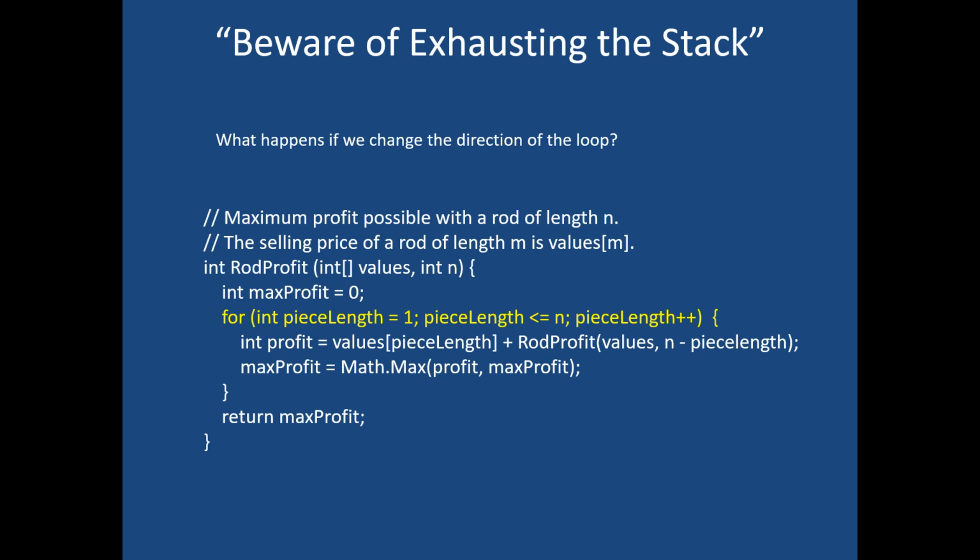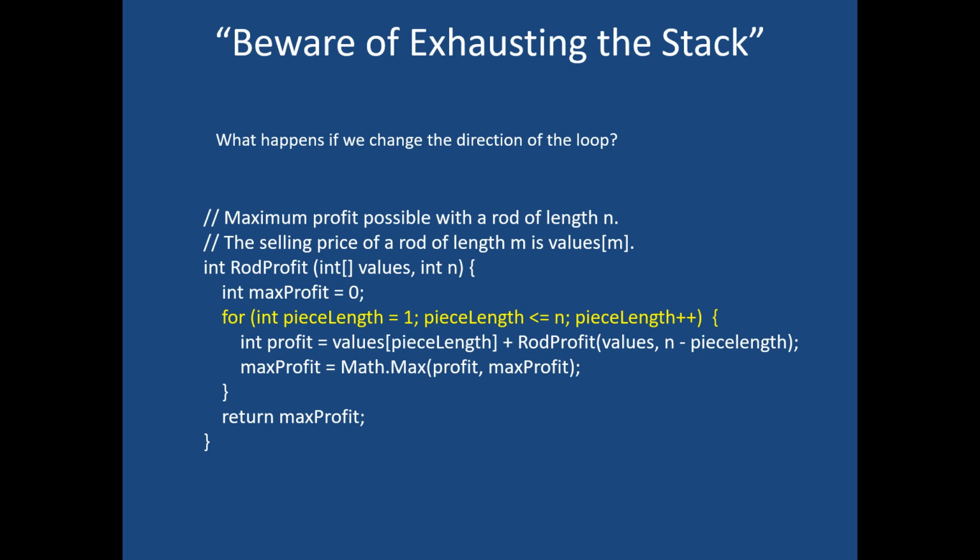So n is 30, piece length is 1, so our recursive call is going to be 29. Now n is 29, piece length is 1, we start the loop here, so what's that called? 28, 27, 26. So the first time we go 30 deep in the stack, to compute piece length of 0.